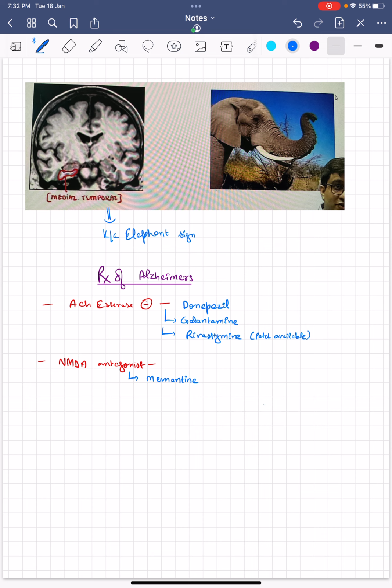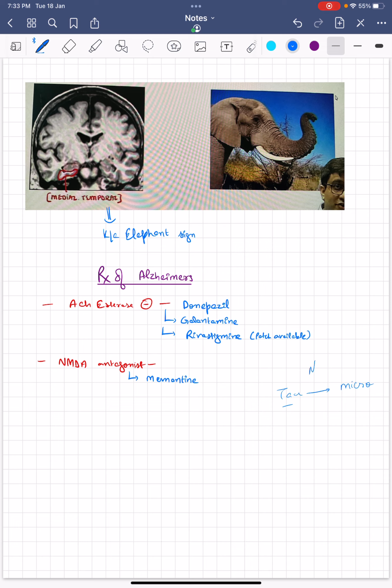Moving on. In Alzheimer's disease patients, these neurofibrillary tangles. There was also a tau protein, which was required for the stabilization of the microtubules.